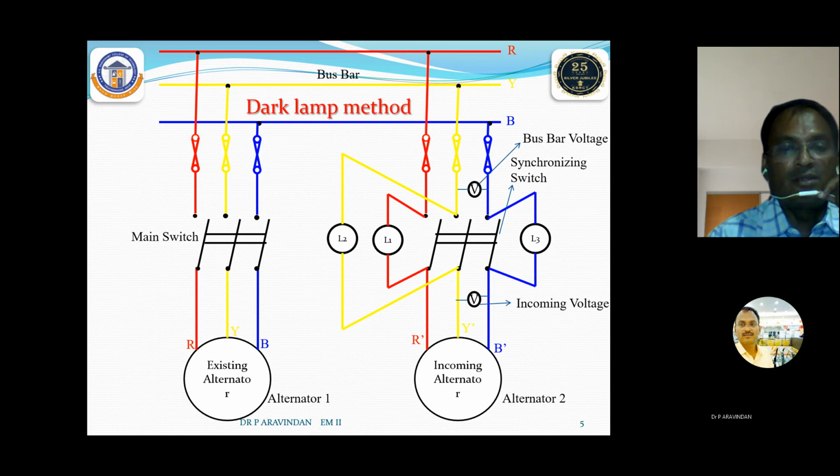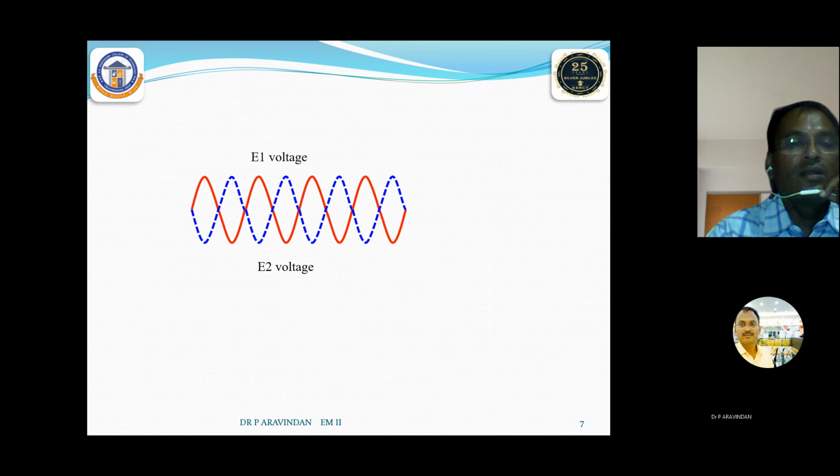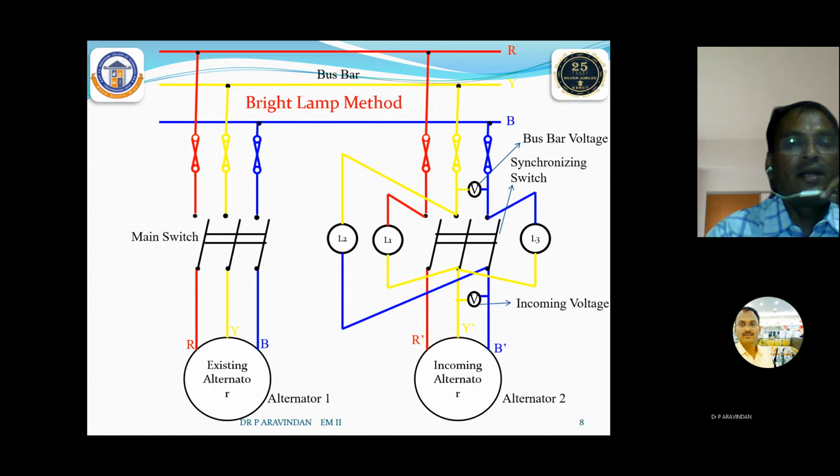To overcome this drawback, we go for the next methodology, that is the bright lamp method. Since it is very difficult to get the exact instant of zero in the previous methodology, in this method the lamps are connected in opposite polarity.